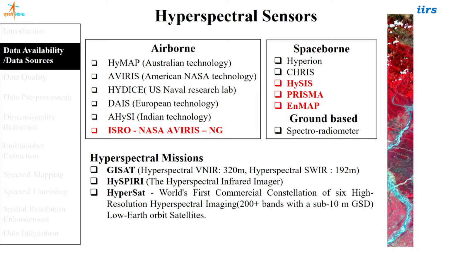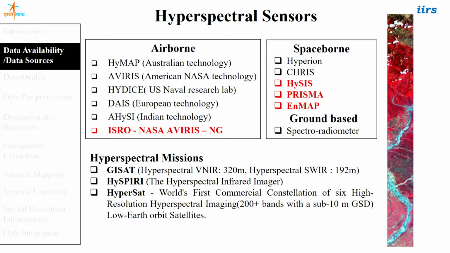So the first AVIRIS sensor was developed by NASA JPL during the 1980s, and at that time they used that particular technology for mineral identification and mapping. Recently they modified and upgraded the instrument, and earlier that was with 10 nanometer spectral resolution with 220 bands.